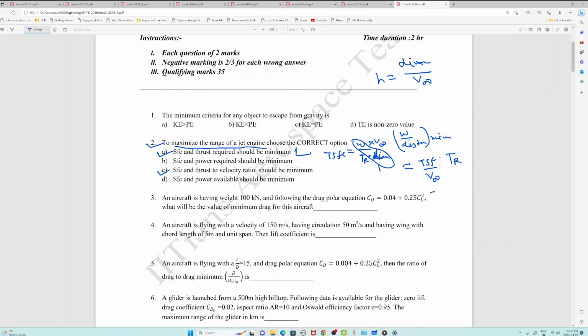So obviously TR we can say, yeah, thrust to velocity and TSFC. So SFC and thrust to velocity ratio should be minimum. So for making this minimum, guys, this must be minimum and this ratio also must be minimum. So C is the correct answer.